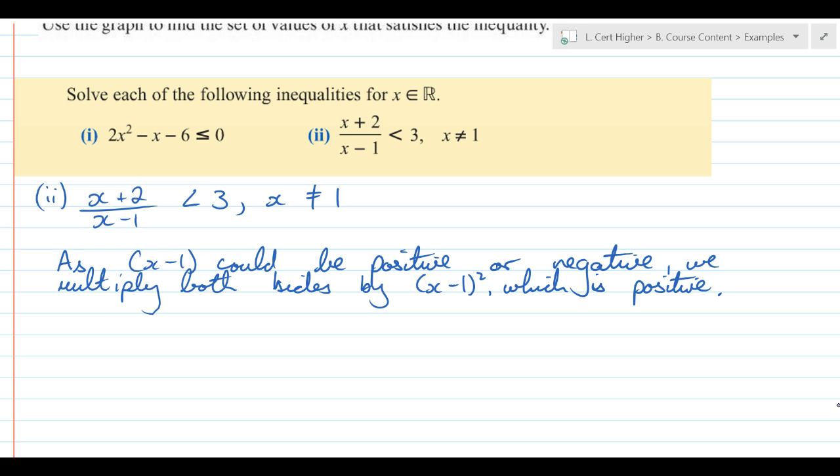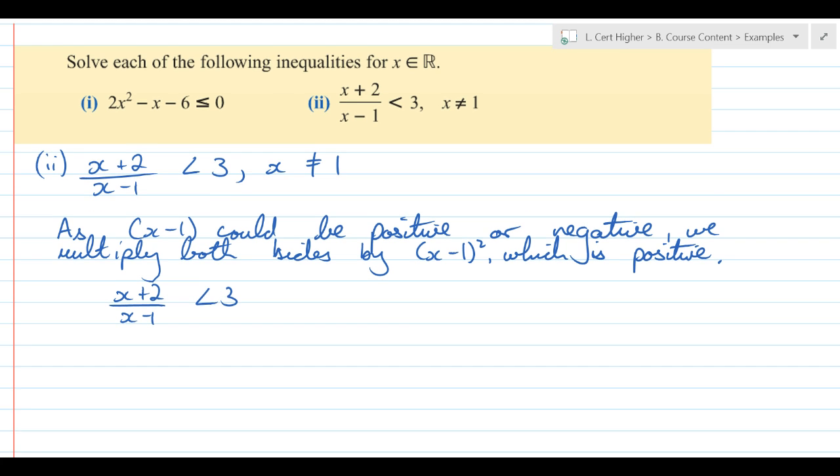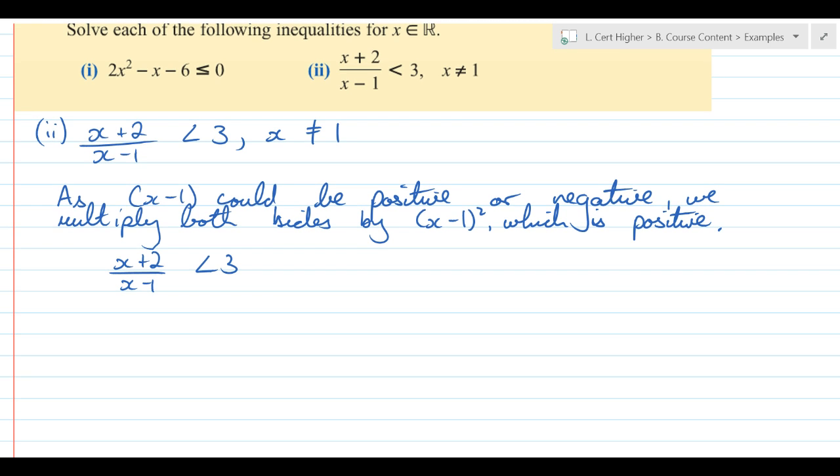So what we have then is x plus 2 over x minus 1 less than 3, and we're now going to multiply both sides by x minus 1 squared. That gives me x minus 1 squared times x plus 2 all over x minus 1 on the left hand side, less than 3 times x minus 1 squared. If we look at the left hand side, do we have a common factor? What is it? x minus 1.